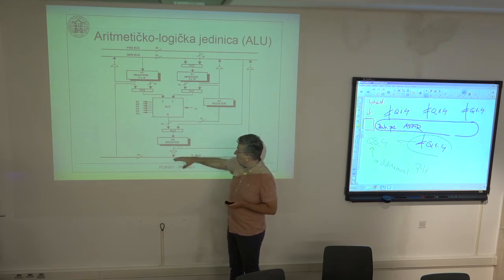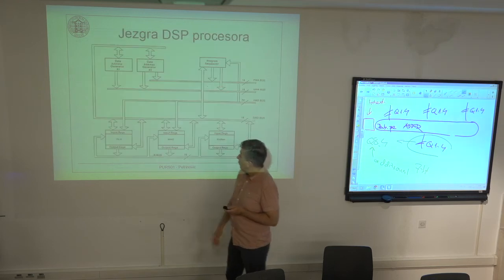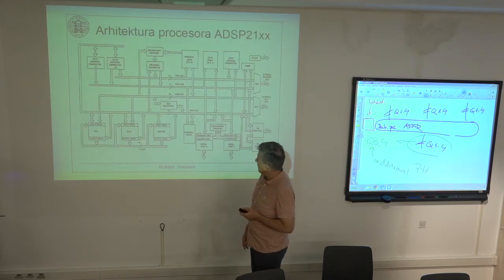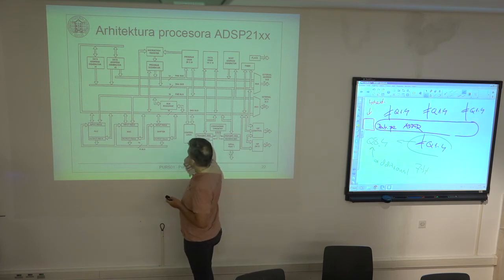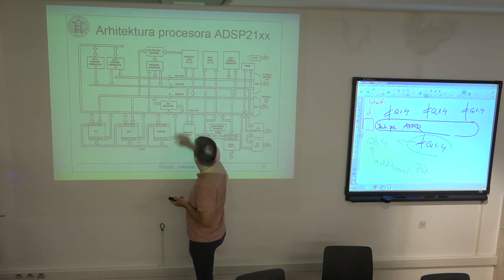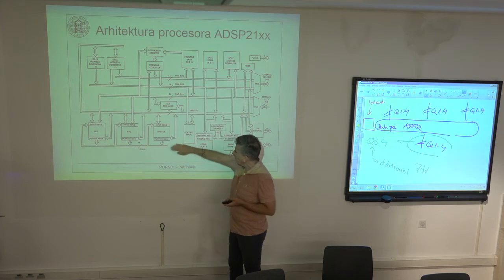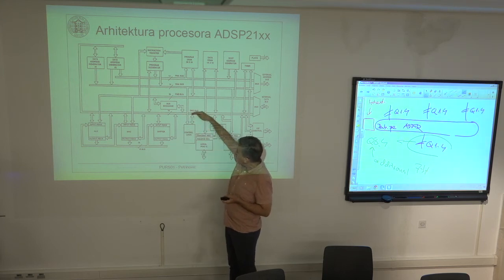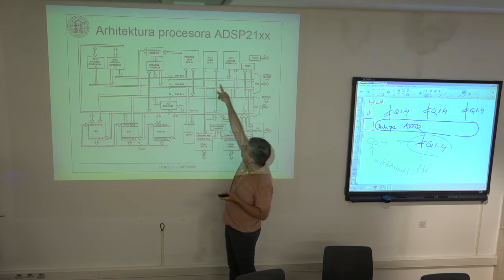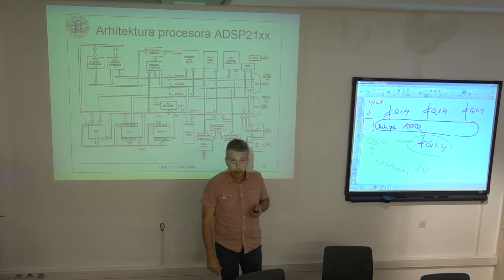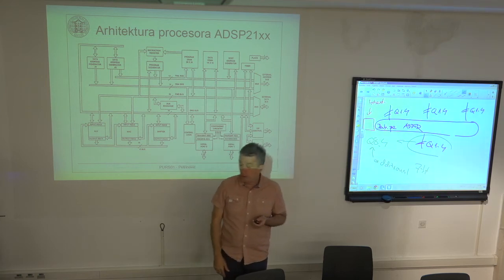Then this result bus, as we see from the overall architecture, this result bus is connected. Where is it connected? So this result bus is connected to this DMD bus, and I can use this DMD bus to store the value from result bus to any of the memory spaces, program memory space or data memory space.